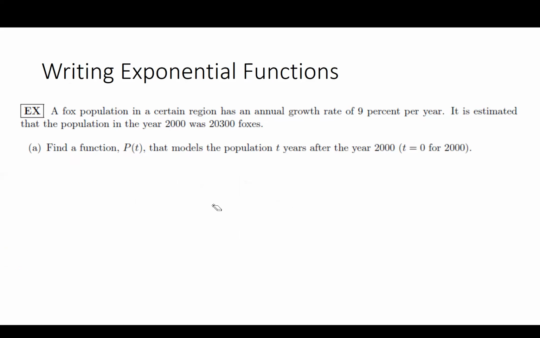So let's suppose we had a fox population in a certain region and we had an annual growth rate of 9% per year. It's estimated that the population in the year 2000 was 20,300 foxes. Make sure you keep in mind that it's 20,300. It's a pretty big number, but there's a lot of foxes. I know that R is positive because it's growth and it's 9%, so my R value is 0.09.